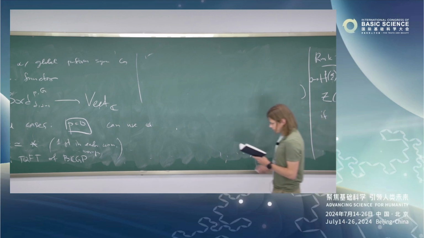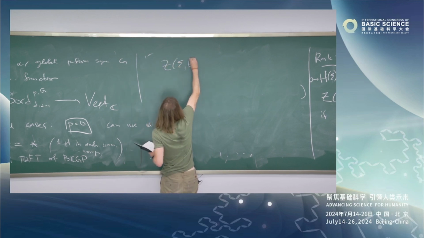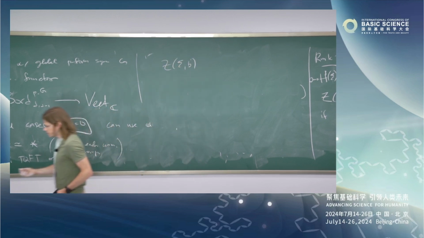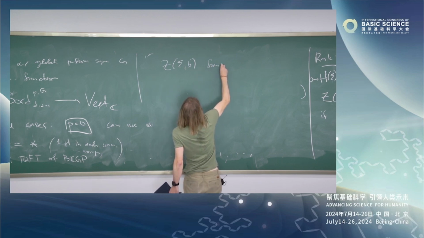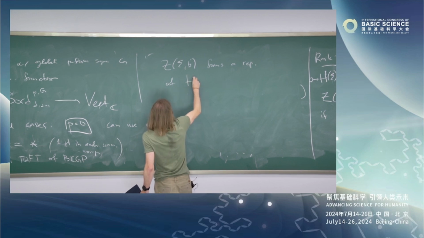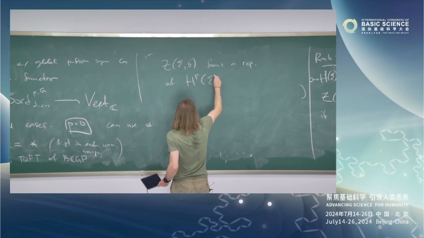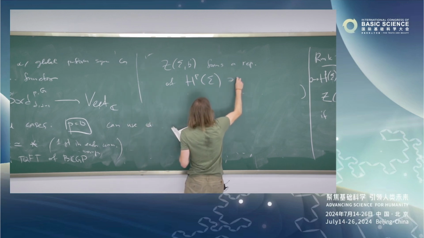The other part of the remark is the following: this vector space forms a representation of H_p of sigma. How does it work?